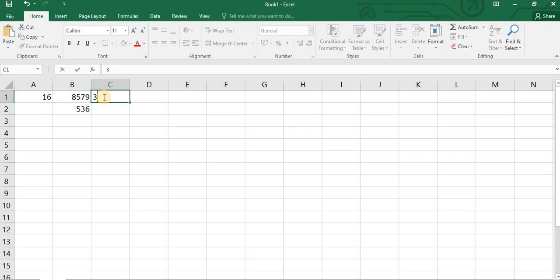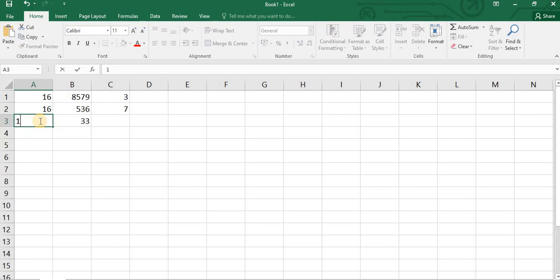Now again you have to divide it by 16. So now divide 536 by 16. 16 threes are 48, and you will get remainder as 7.